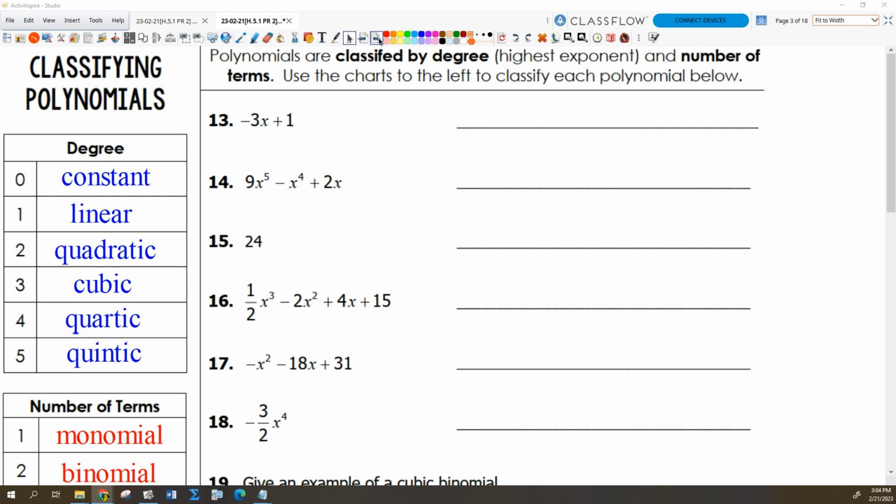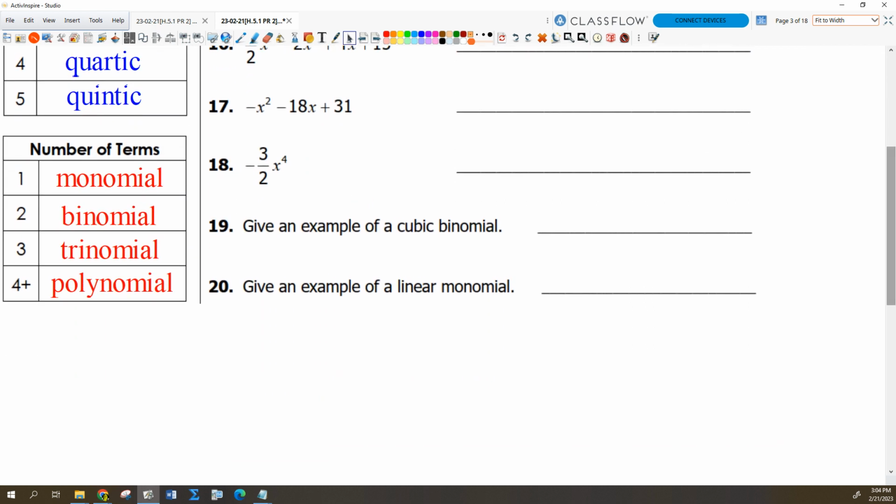The number of terms, similarly, we have a few common ones. If the polynomial has one term, we already know that's a monomial. Mono means one. If it has 2 terms, bi means 2, so that's a binomial. 3 terms is a trinomial, and anything with more than 3 terms, we just call a polynomial.